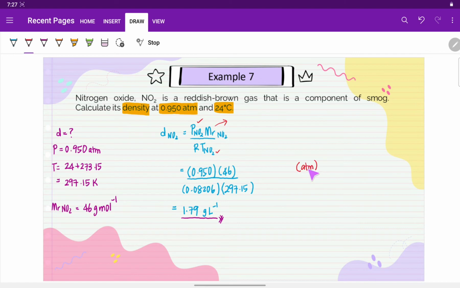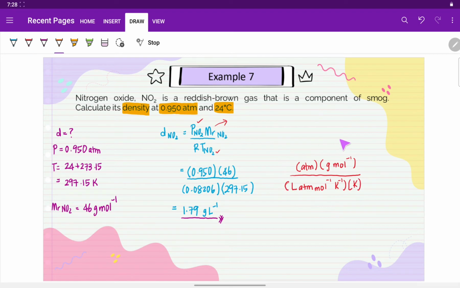Okey, kemudian kita punya molar mass dalam gram per mol. Okey, kemudian our gas constant adalah liter ATM, kemudian per mol per Kelvin. Dan temperature kita adalah dalam Kelvin.